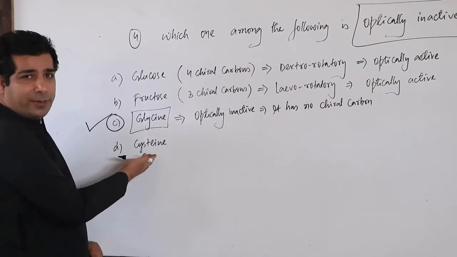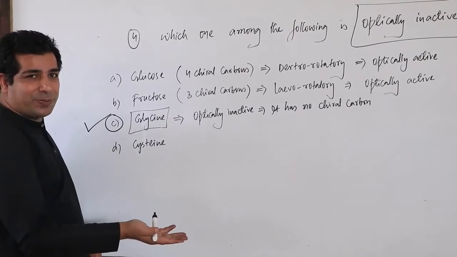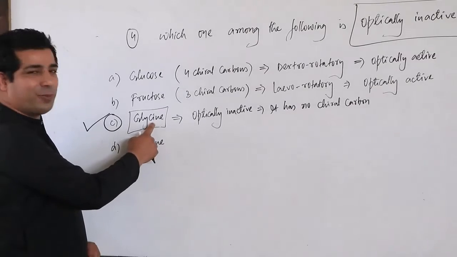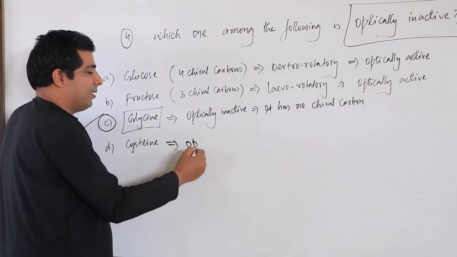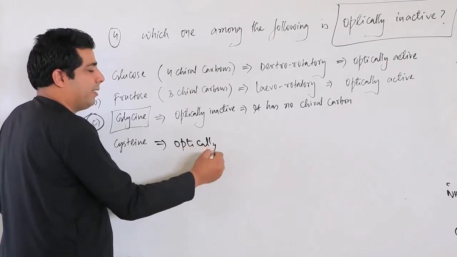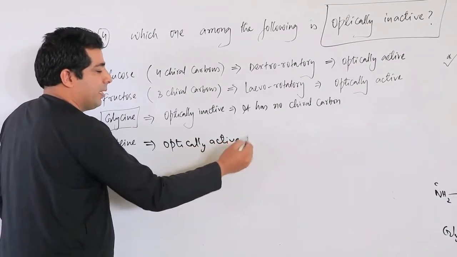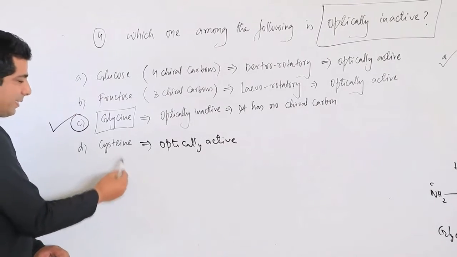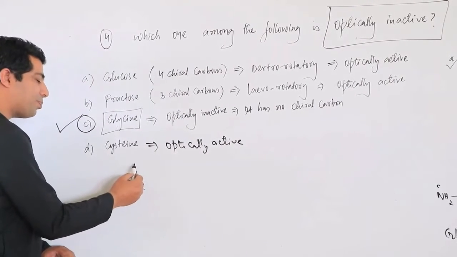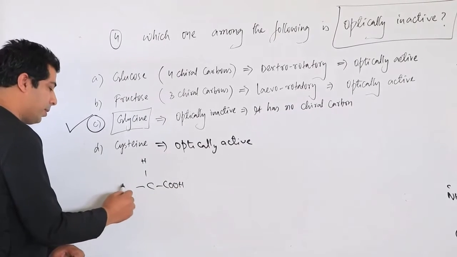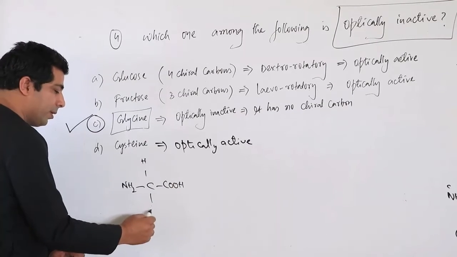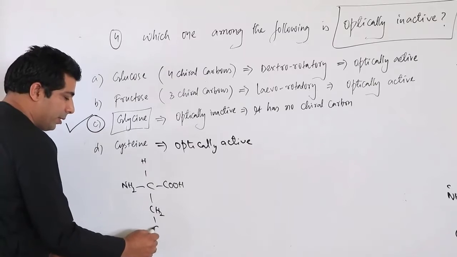So cysteine is an amino acid, it will be optically active, because only glycine is optically inactive. Have a look. If we draw the structure of the cysteine molecule, it will be like this: H, COOH, NH2, then CH2SH.